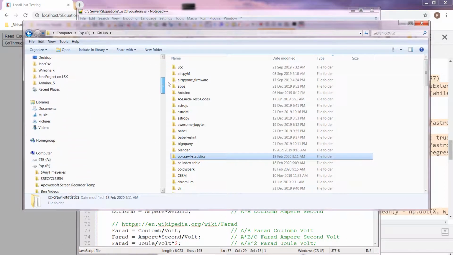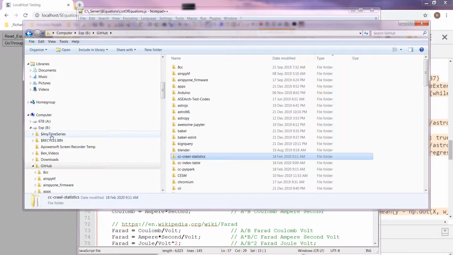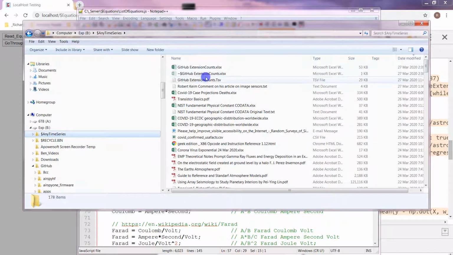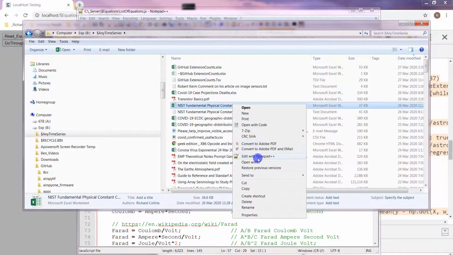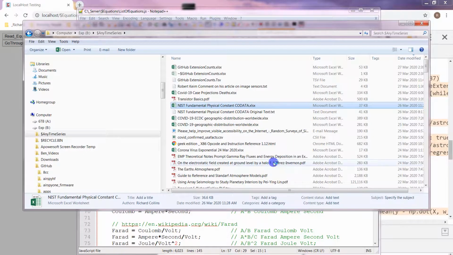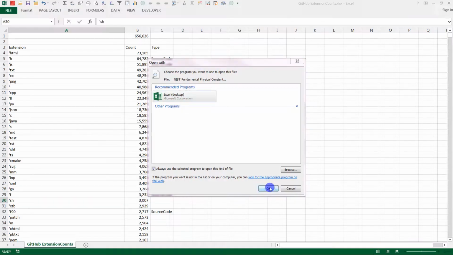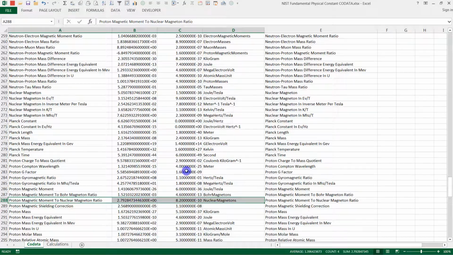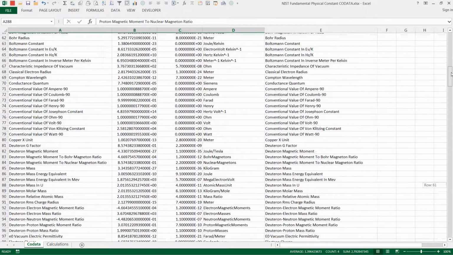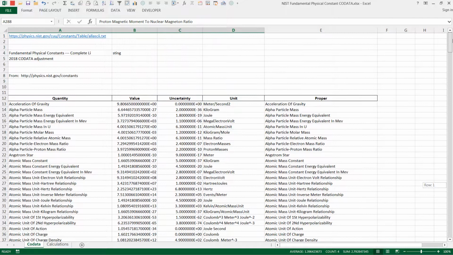let's see, on the B drive, time series. That one. Let's see. All right, so this is the table, and I did extensive cleanup on it.